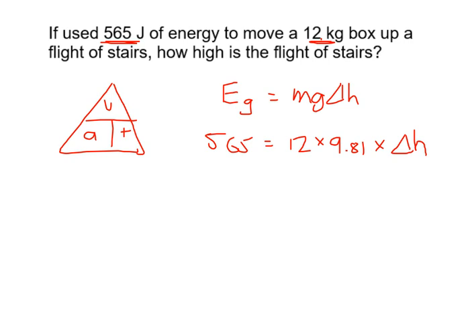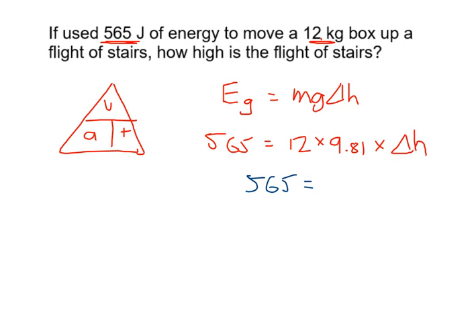Let me show you 2 ways that kids like to do this. And you can pick whichever one you like. Here's the first one. I'll use a different color just to differentiate the two. Some kids would like to do this. They go 565 and then they go 12 times 9.81.